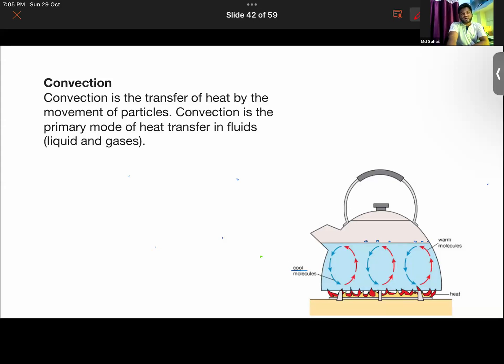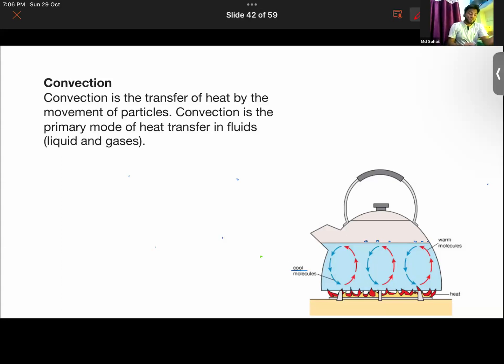There is transfer of molecules of the medium due to uneven heating between the two areas or two surfaces. Basically, convection is the mode of transfer of heat from the hotter part of a fluid.